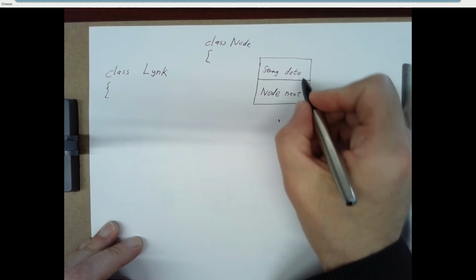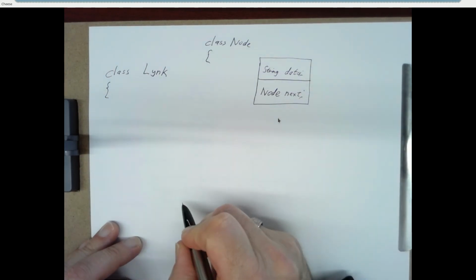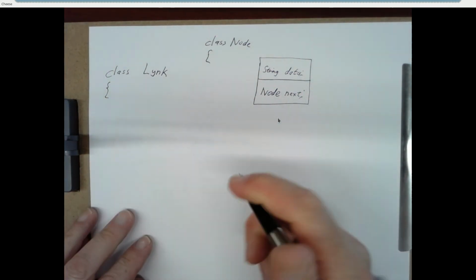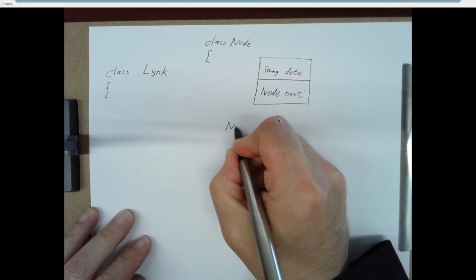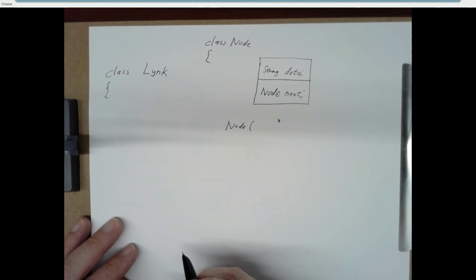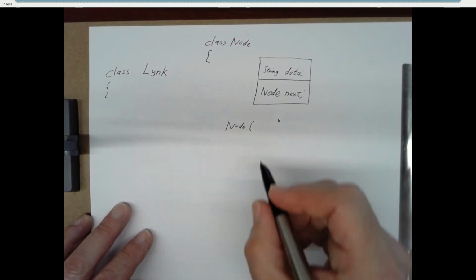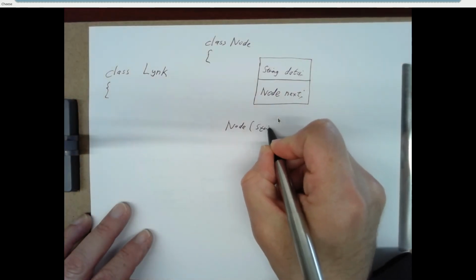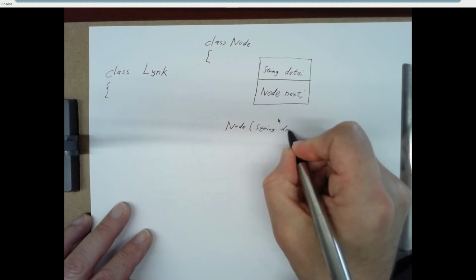Okay, so our class node, we're going to have a string data, we're going to have a node next. And our constructor, well, let's construct it by passing it a string. We'll make our lives a little easier. So string data.